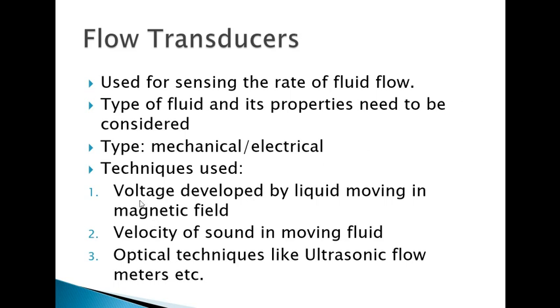First is voltage developed by liquid moving in a magnetic field. Second is velocity of sound in a moving fluid. And third is optical techniques like ultrasonic flow meters. Out of that we have to see the first one, that is voltage developed by liquid moving in the magnetic field. So let us see the basic principle behind this.